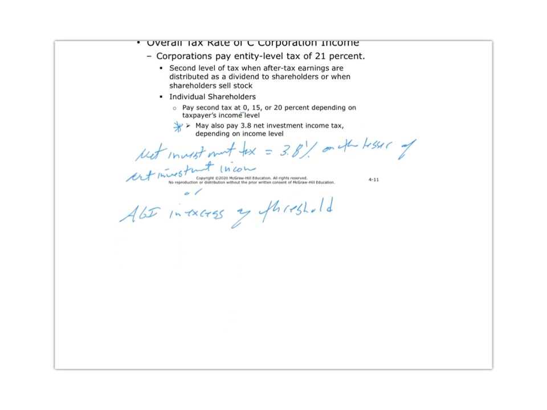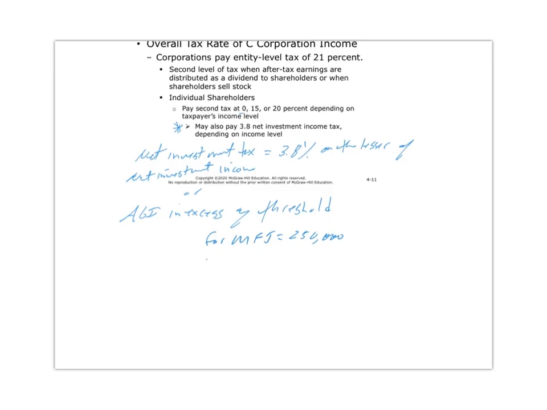And what is that threshold? Well, for married filing jointly, the threshold is $250,000. And that's for married filing jointly or surviving spouses. For married filing singly, it's $125,000, and then for all others, it's $200,000.